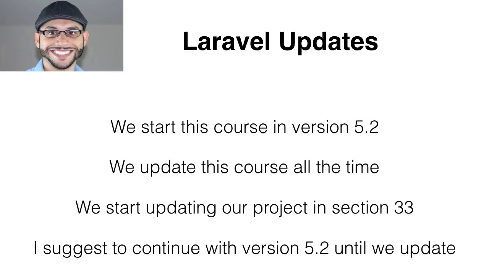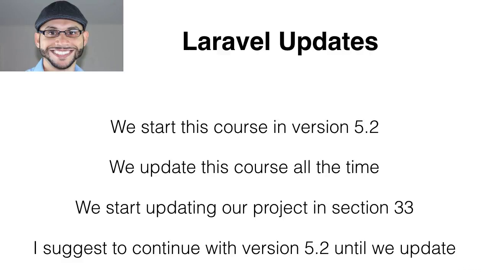If you're well versed in PHP and you say, you know what, I don't want to start in version 5.2, I want to start in the latest version, go ahead. Jump to a section where your current version is mentioned, look at the differences, and start the project in that latest version. All right. So a quick trick is Command F or Control F in your browser.